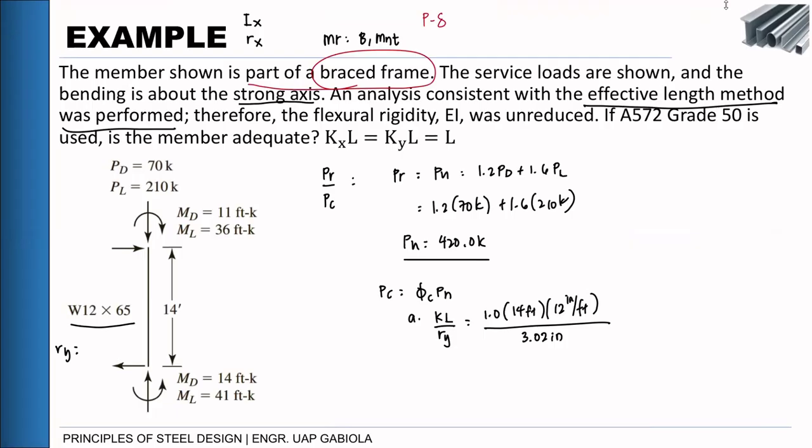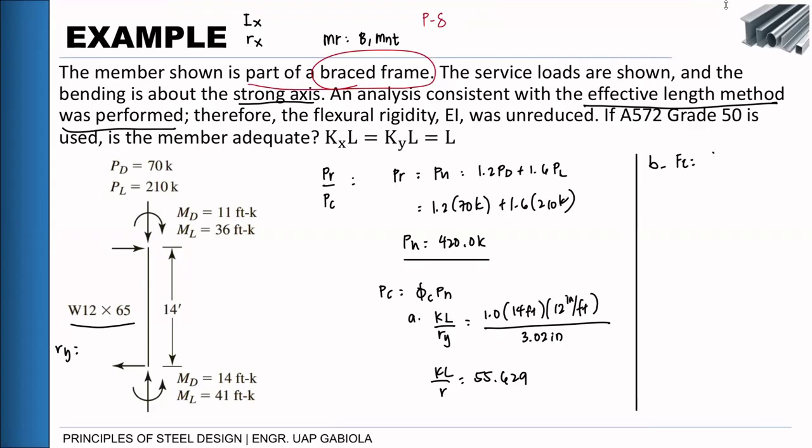So KL over r is 14 times 12 over 3.02. That is 55.629.